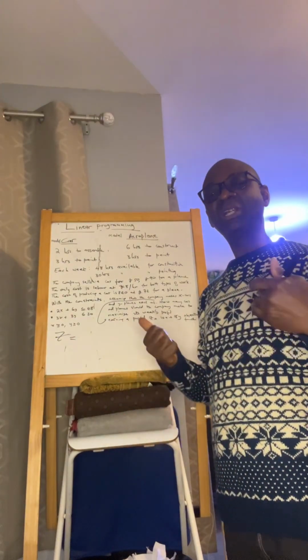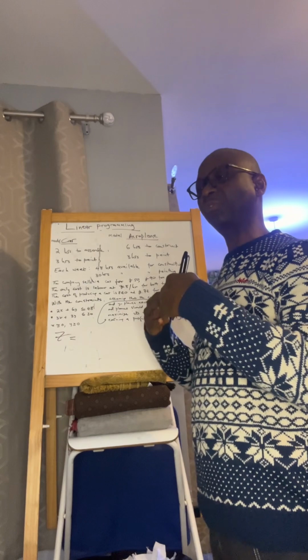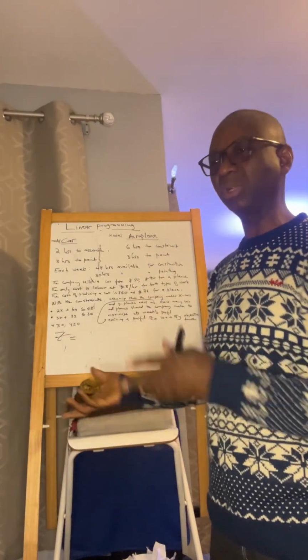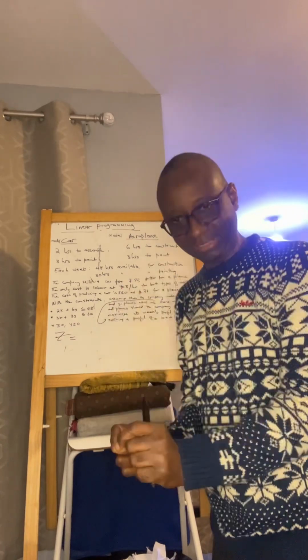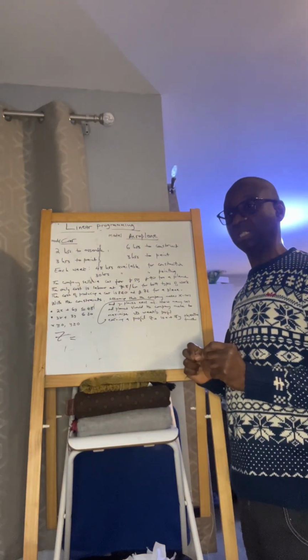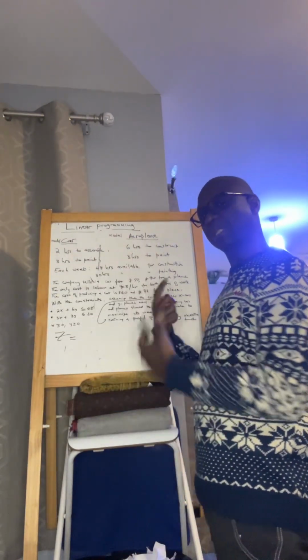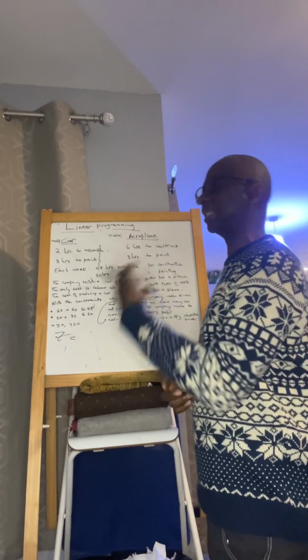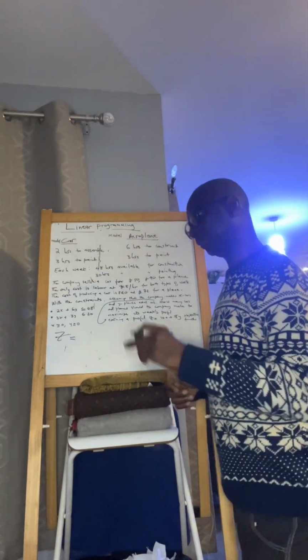Or maybe in an industrial scale, you are making something, but you have a lot of defects. Some parts are broken, some things are missing. You want to minimize that. In that case, you are minimizing a loss. But when you want to make profit, you maximize your profit. So in linear programming, you can minimize, you can also maximize. It depends what problem is put in front of you.